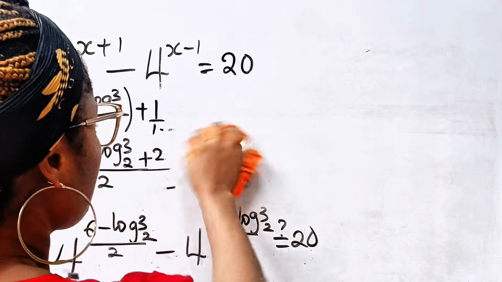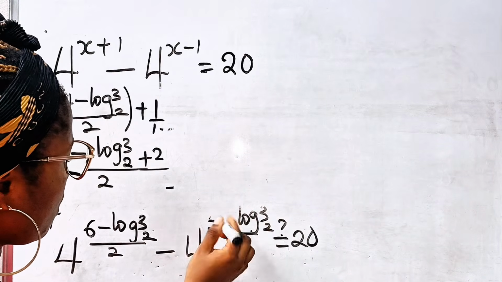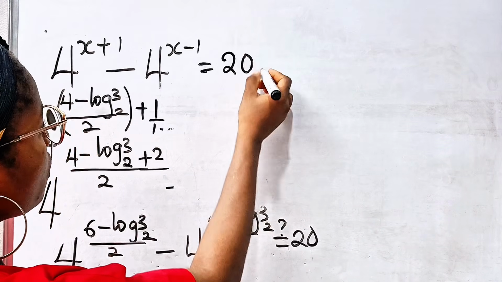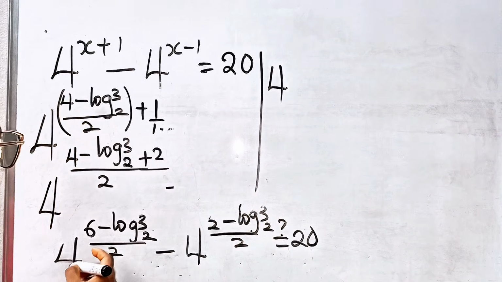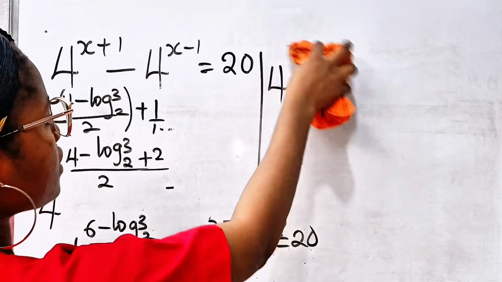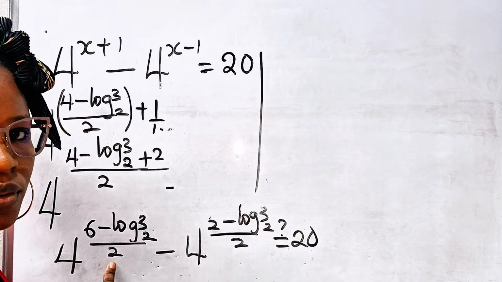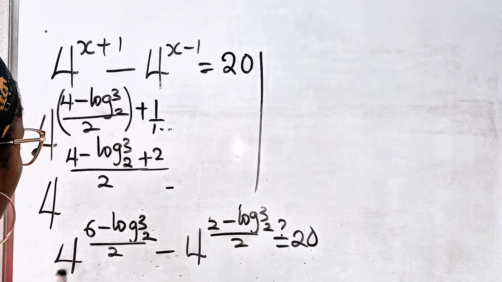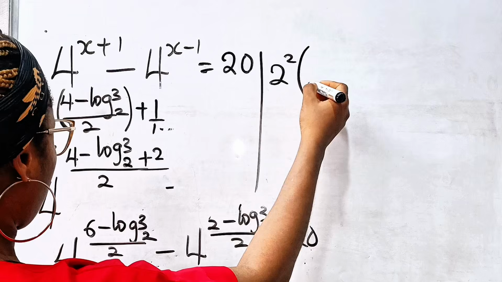Moving forward, we have 4 to the power of 6. But before that, let's express 4 as 2 squared because I want to remove this denominator. So I'll write 4 as 2 to the power of 2, in brackets.